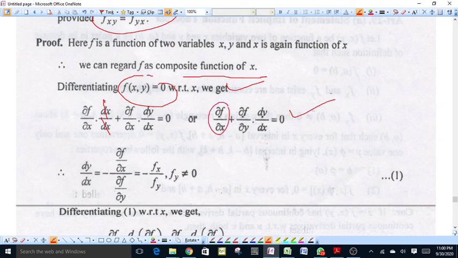Transposing this term to the right hand side and dividing both sides by ∂f/∂y, we get dy/dx is equal to minus ∂f/∂x upon ∂f/∂y, that is minus fx upon fy.